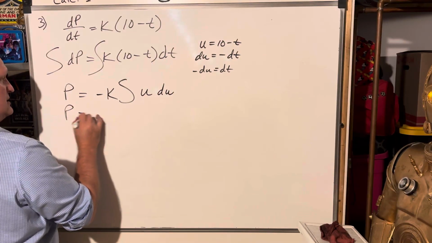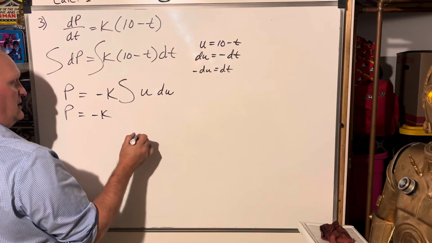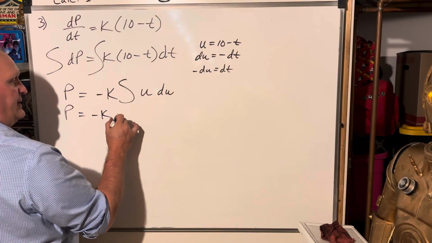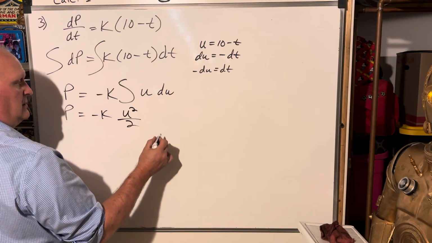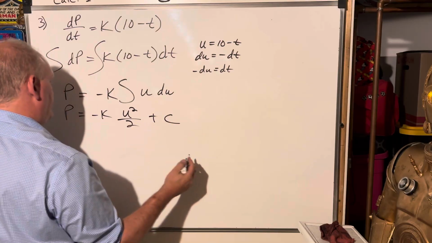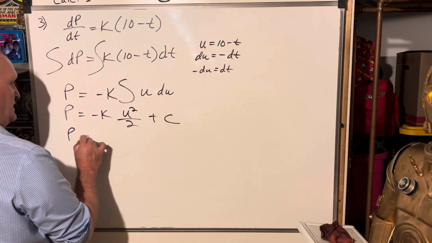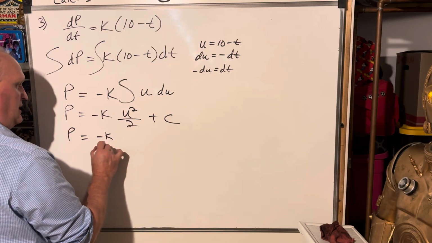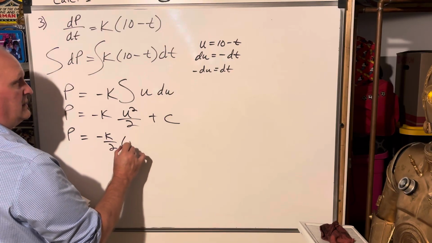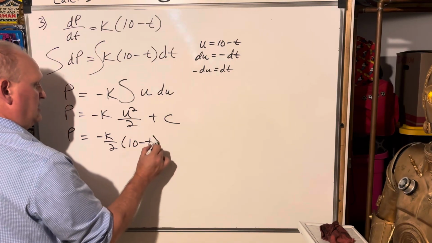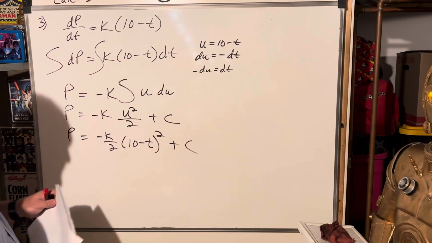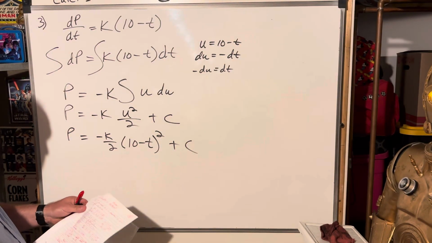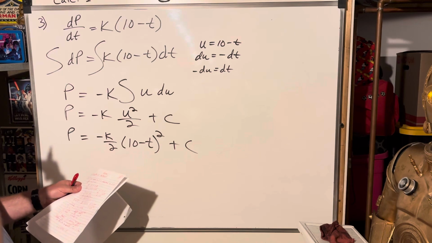So p is equal to negative k times u squared over 2 plus C. So p is equal to negative k over 2 times (10 minus t) squared plus C. And that's all she wrote.